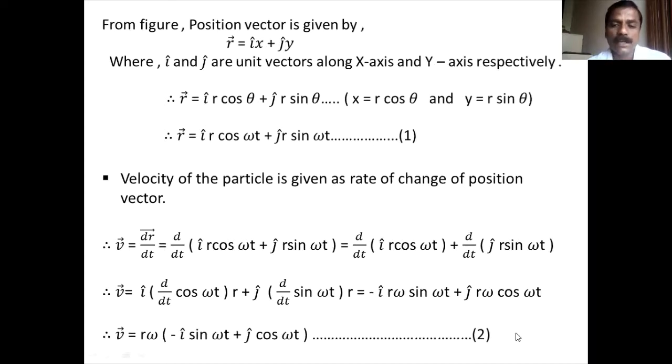Now we can take r and omega common, so this equation can be written as r omega as a constant times minus i cap sin omega t plus j cap cos omega t. Let us consider this equation number 2, which is the expression for the velocity of the particle.